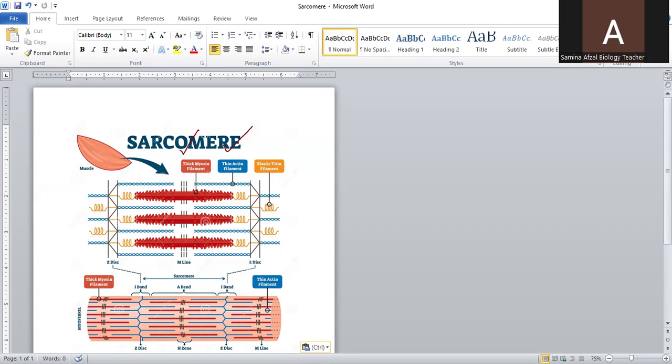Only myosin is present, which is the thick bands. It is present at the H zone. They have highlighted the zone, so this is the H zone.